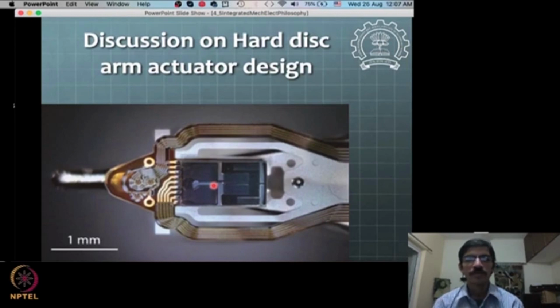So this arm will have this unnecessary friction that may be coming up. Think about this, and it has something to do with the interesting way in which this system actually works.